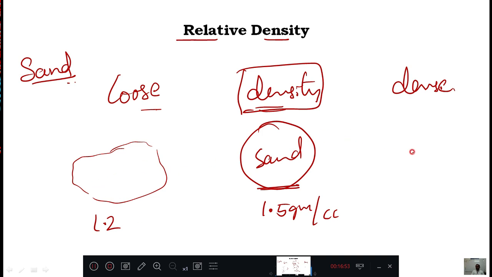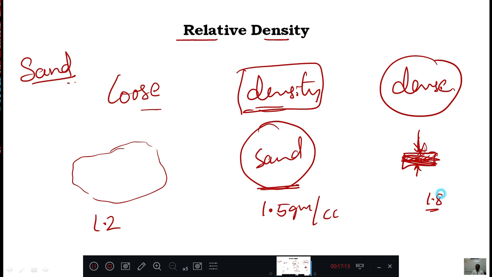When I make it very tight, compacting it very hard, putting a lot of load, vibrating it, making every possible compaction, then I will increase its density. How much can I increase? Maybe to 1.8. See, the maximum possible density of the sand is 1.8, for example, and the minimum possible density might be 1.2.